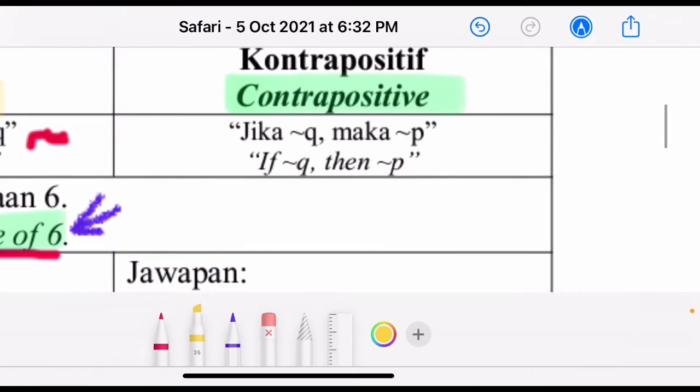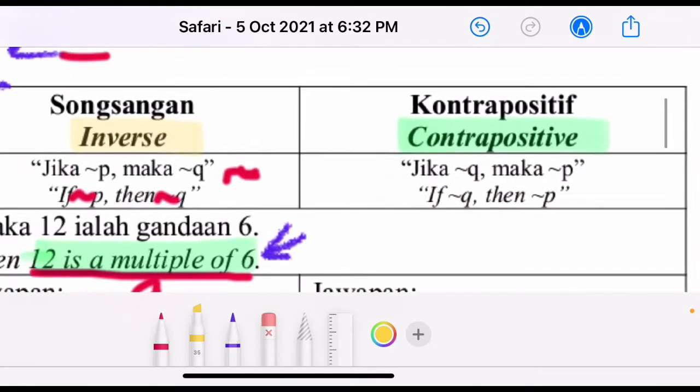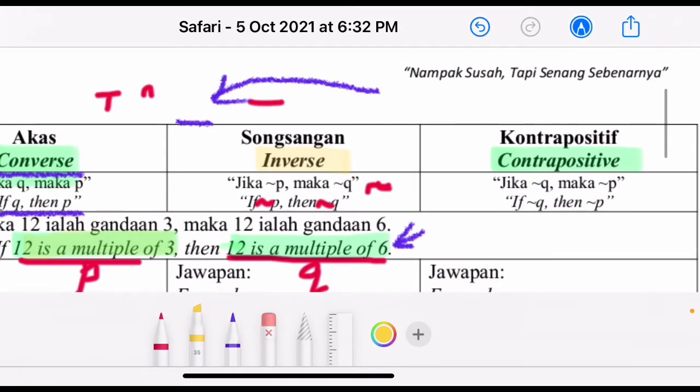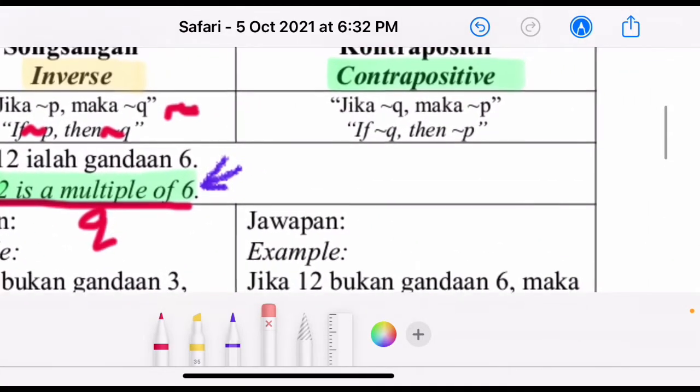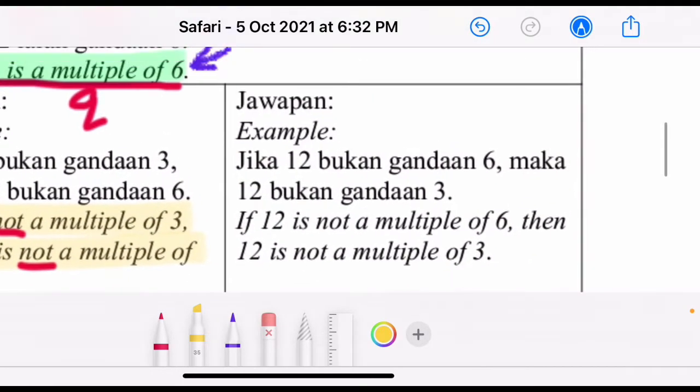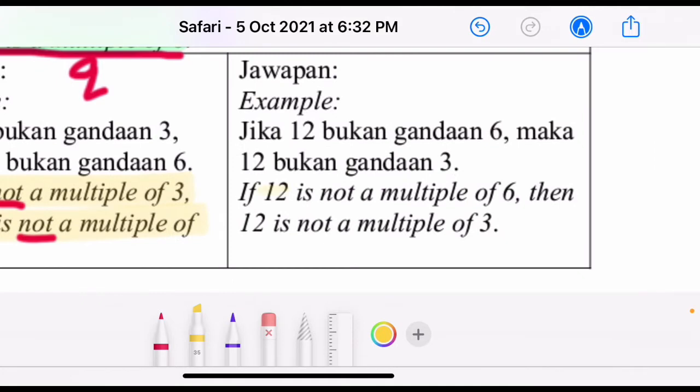Contrapositive has something to do with the converse. There is a connection with the converse. That means we change the position first and then we negate. Q comes first and then P, and then we negate: tilde Q, then tilde P, not Q then not P. For example, we write: if 12 is not a multiple of 6, then 12 is not a multiple of 3.